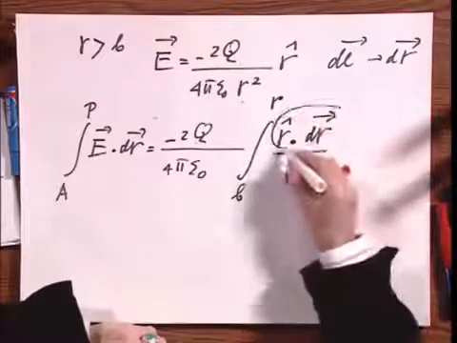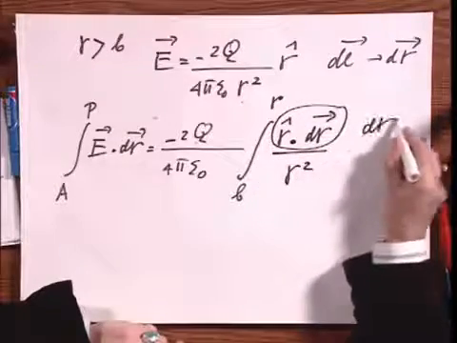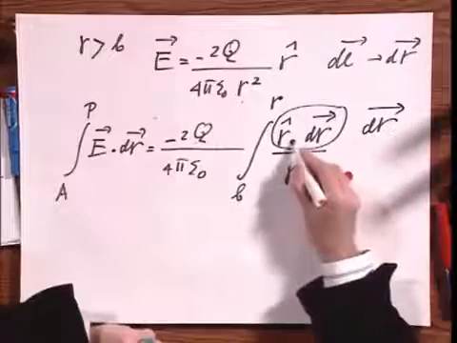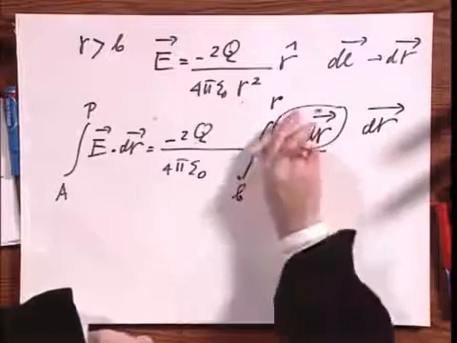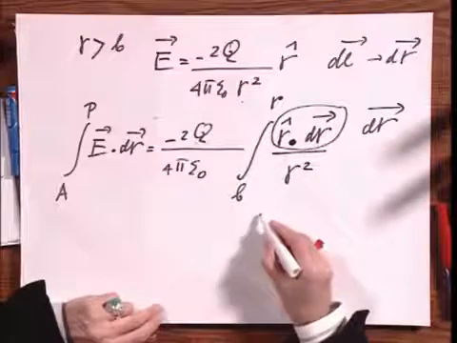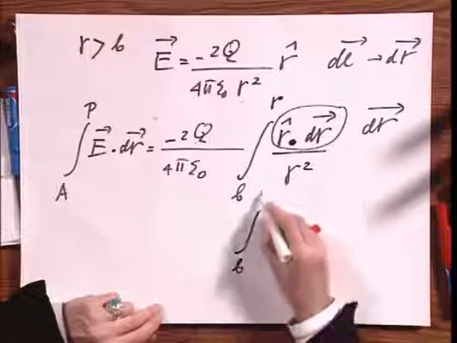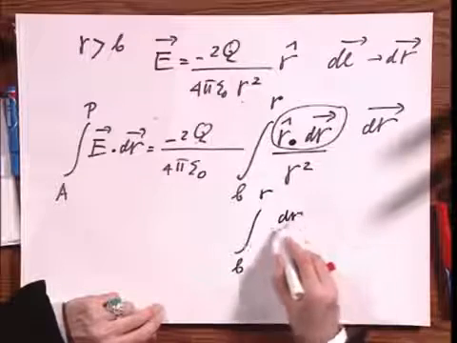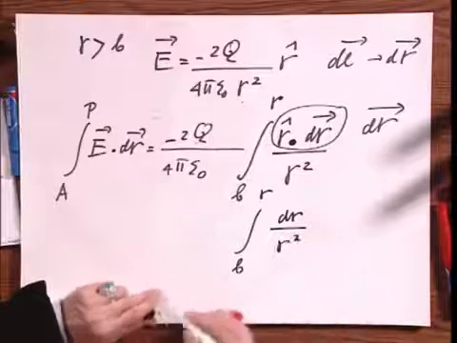This is nothing but dr. It is plus dr. I hope you can convince yourself of that, because r roof and dr are in the same direction. In other words, I will have to only evaluate this integral dr over r squared.